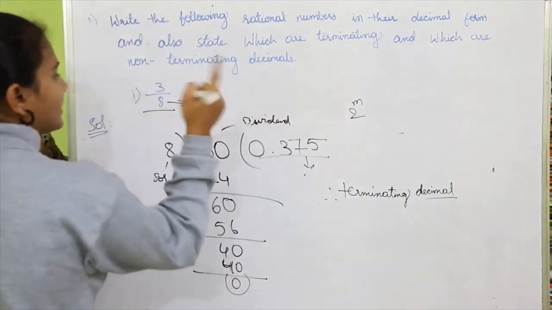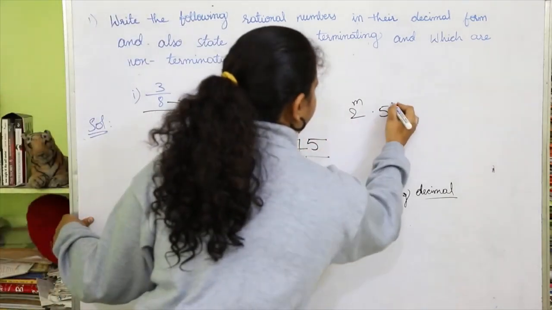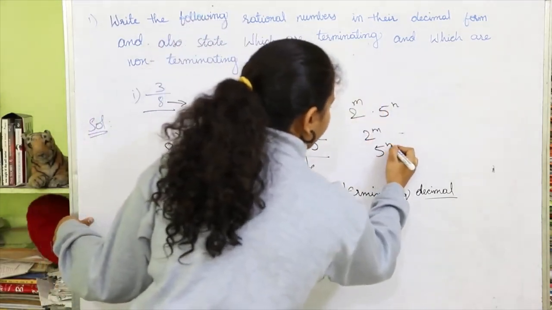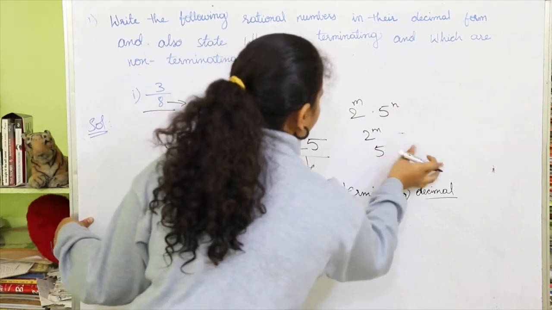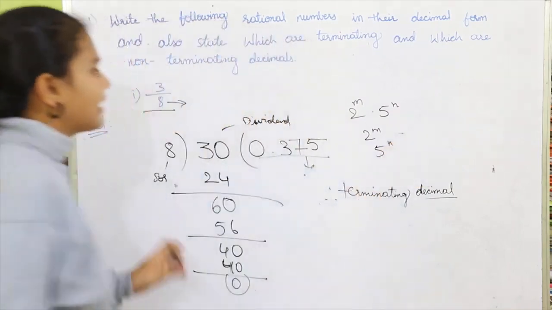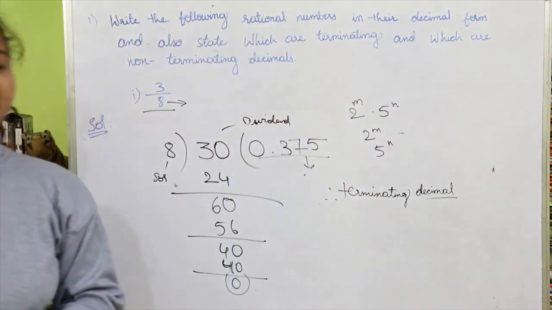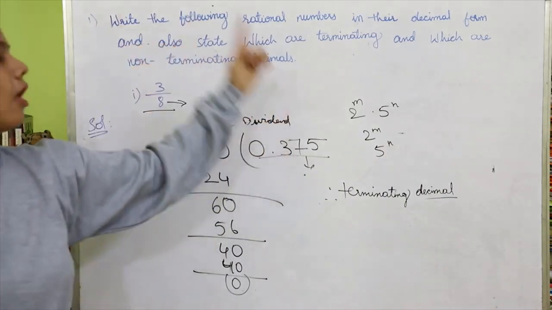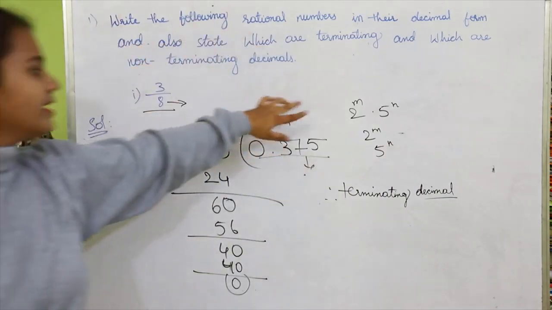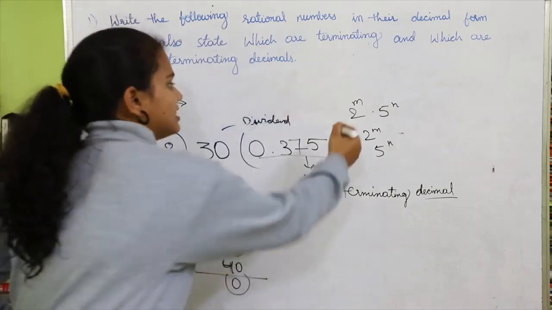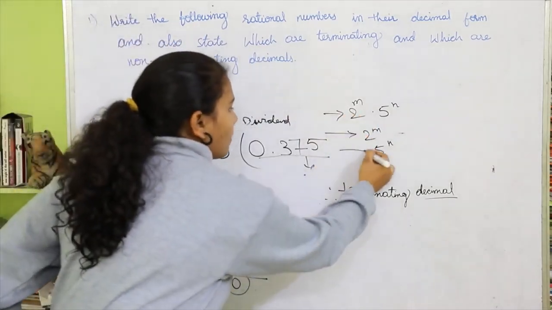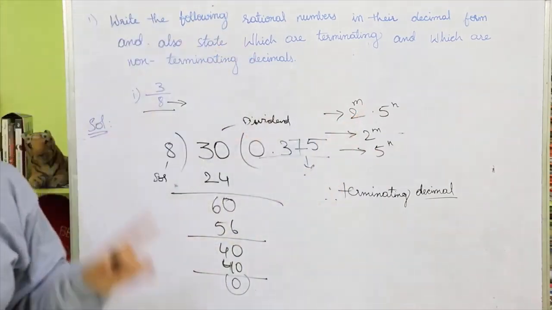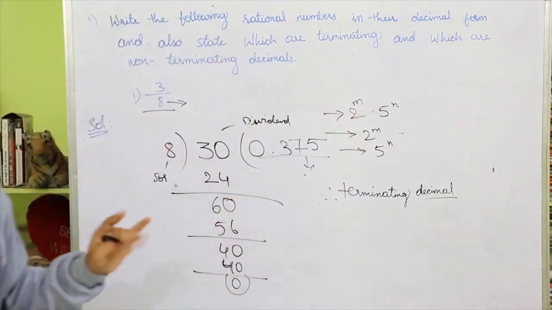If the denominator is in the form of 2^m × 5^n, or 2^m, or 5^n, if the denominator is in one of these three forms, then it definitely would become a terminating decimal.